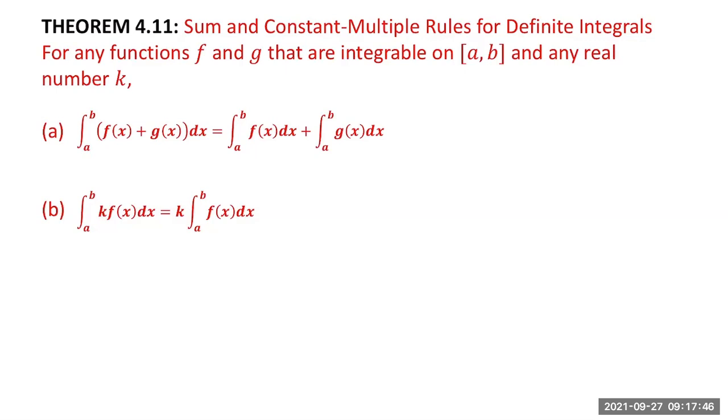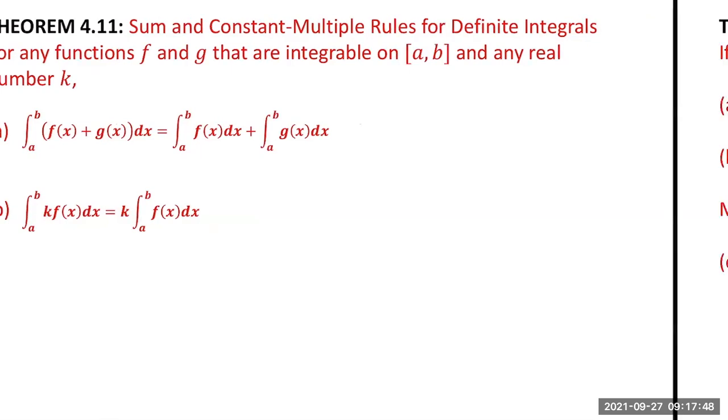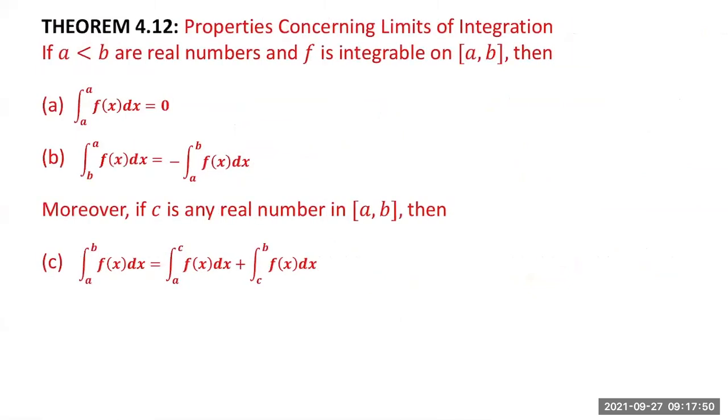Okay, all right, let's go over our next theorem, theorem 4.12, properties concerning limits of integration. Okay, this is also a very important theorem. If a is less than b are real numbers and f is integrable on the interval a comma b, then we have these results.